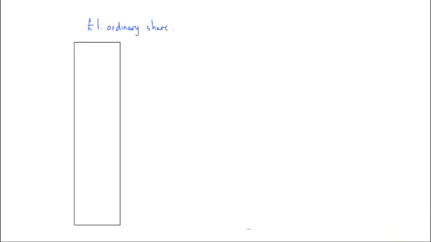Now, let's assume that this box represents my £1 ordinary share. So when we get to the top of this box, we've paid our full pound over to the company. Now, when my company is first set up, it doesn't have a lot of expenses. It knows it's going to need more money to expand in the future, but it doesn't need all of the money straight away.